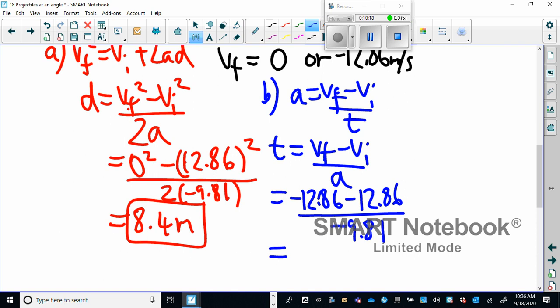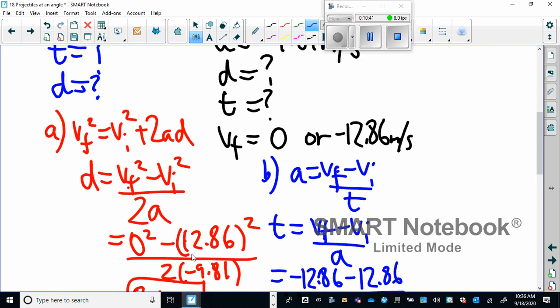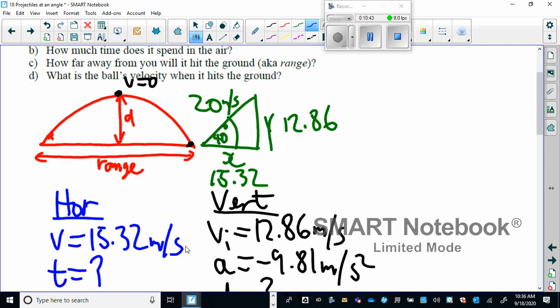That's going to be a negative answer divided by another negative answer, which gives you a positive time, which shows you're on the right track. If you end up with a negative time, then that clearly cannot work. So you plug those numbers in, and you're going to end up with 2.62 seconds.